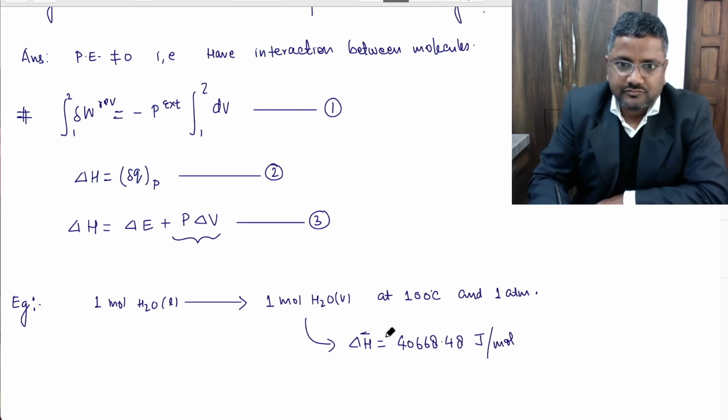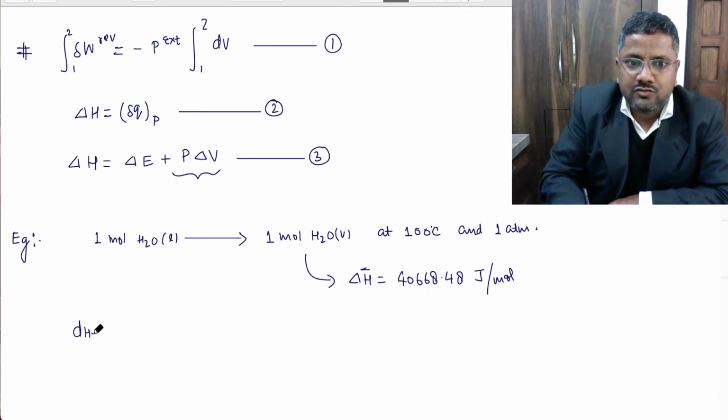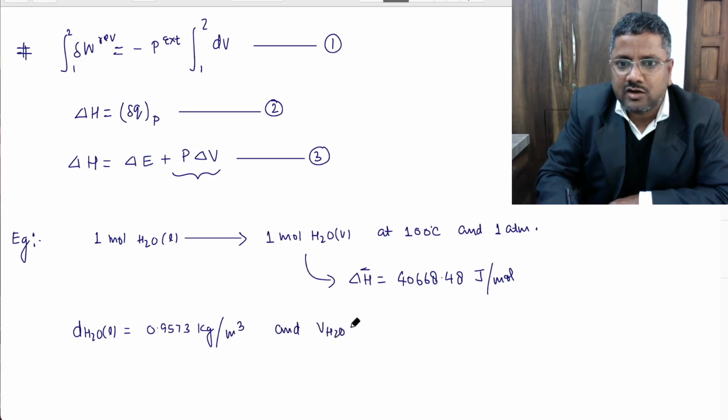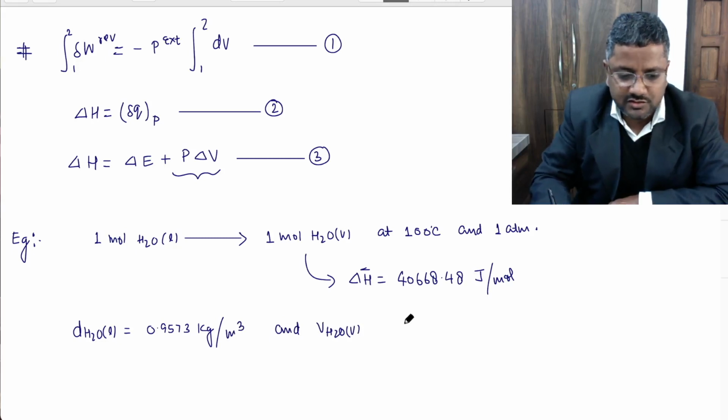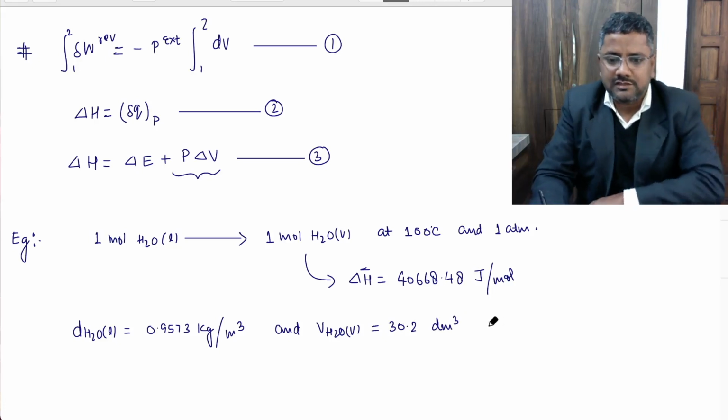The density of H2O liquid in this situation is 0.9573 kilograms per meter cube, and the volume of water vapor in this situation is 30.2 dm cube, right?